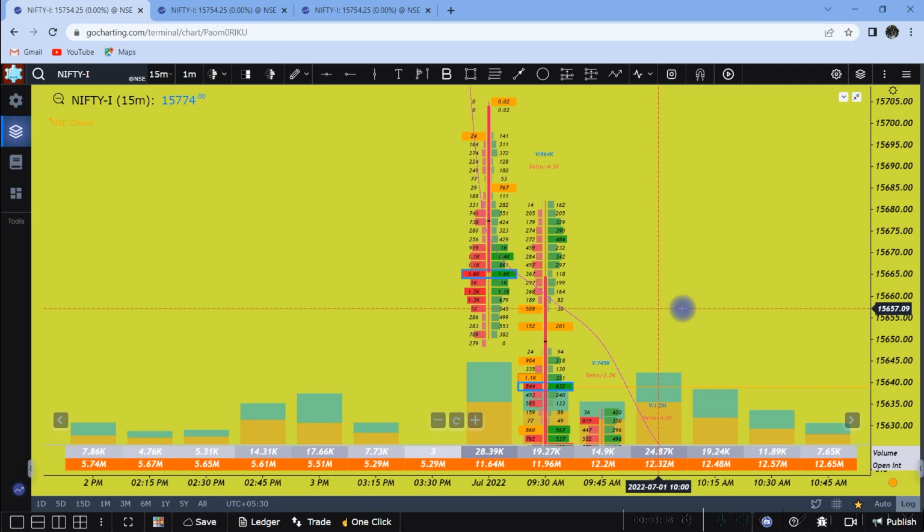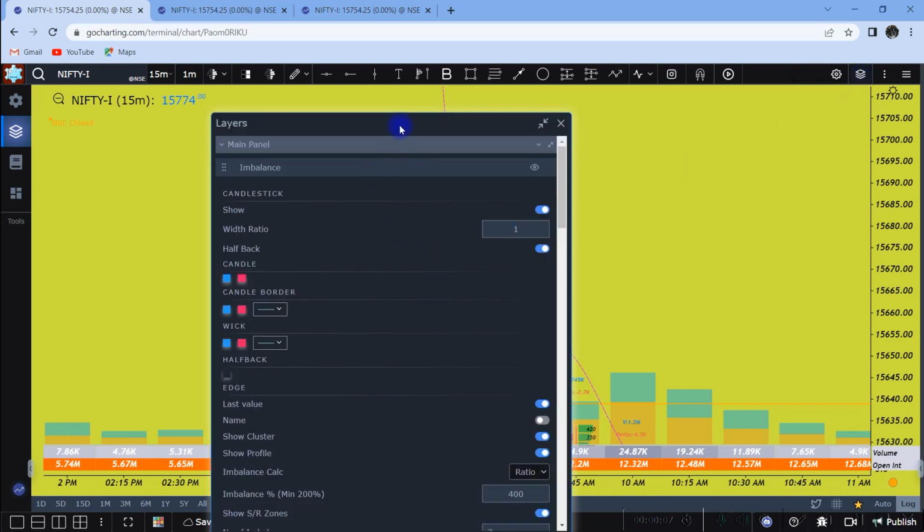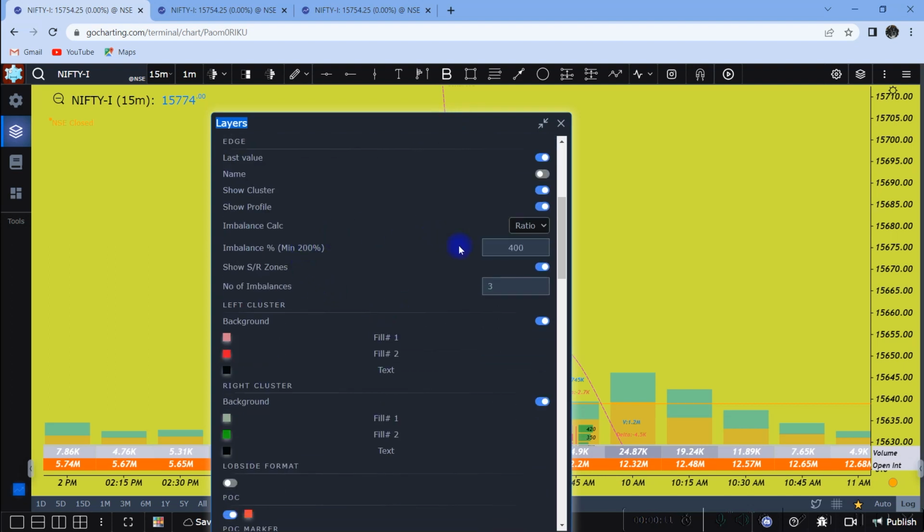So that is the tick settings. The next thing you need to do is go to the layers tab, and within the imbalance setting, choose the percentage imbalance. For example, I have kept it at 400. The ratio is the difference in percentage between the buyers and the sellers.